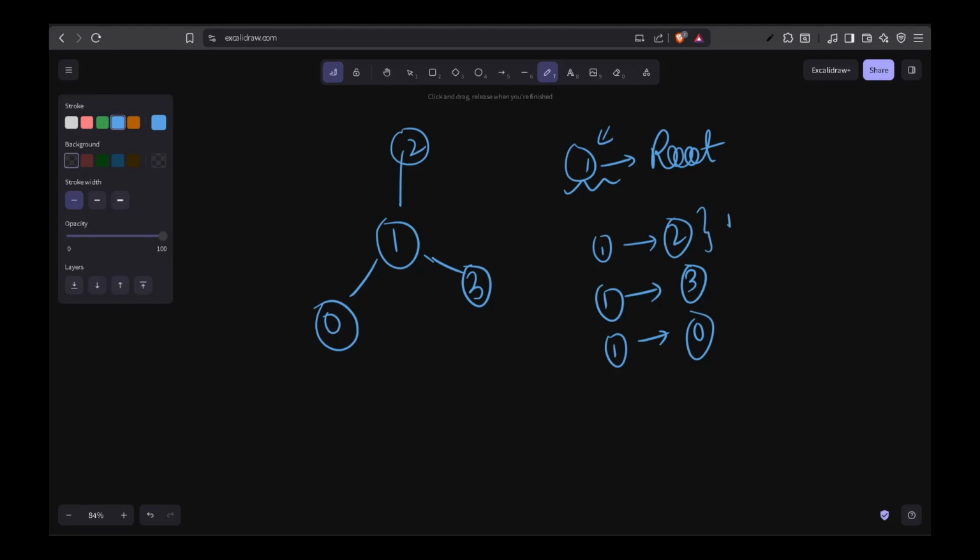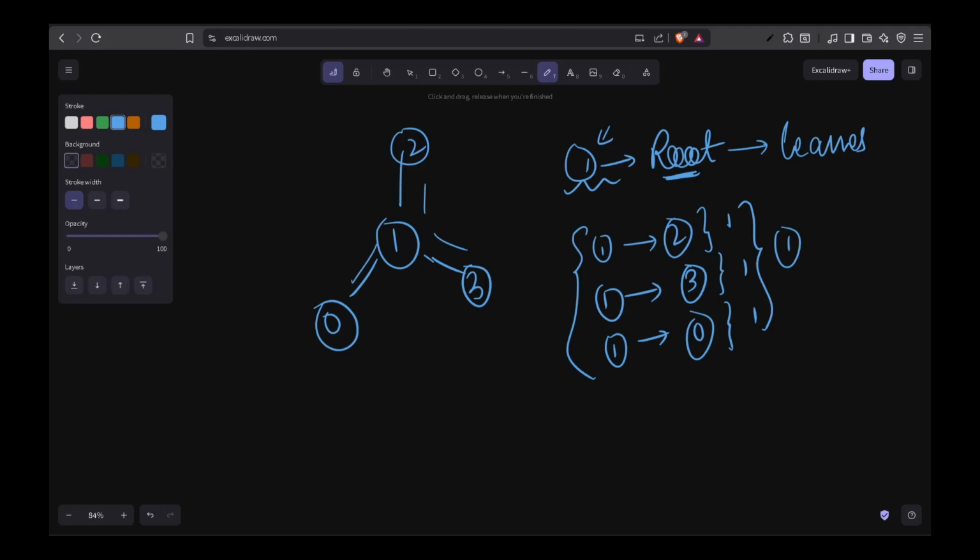For this traversal, we find 1, for this 1, and for this also 1, and the minimum of all those is 1, right? So what I'm trying to say is, if we traverse from the root to the leaves, for every single root we have to traverse multiple times, right? If we chose 1 as the root, we'll have to see every possible path that is going away from 1 to find the minimum, right?